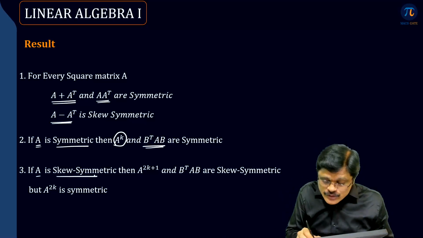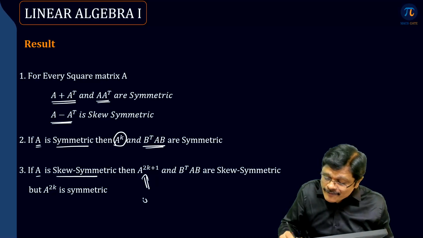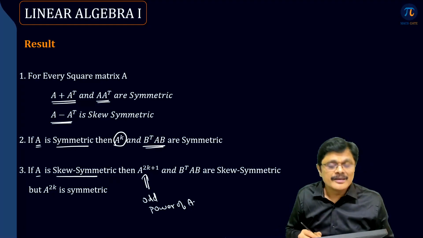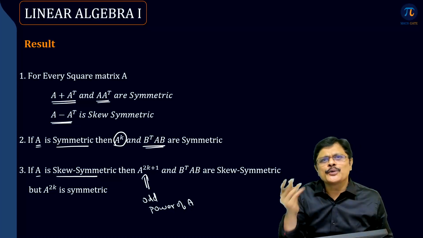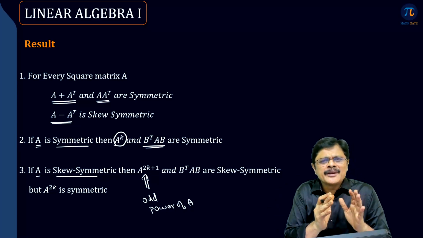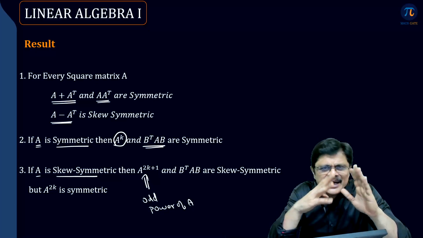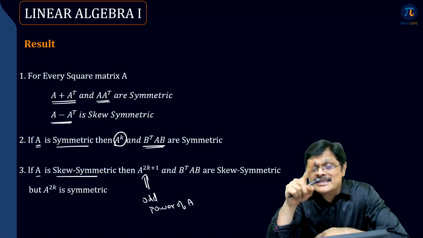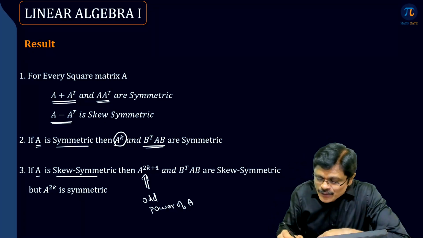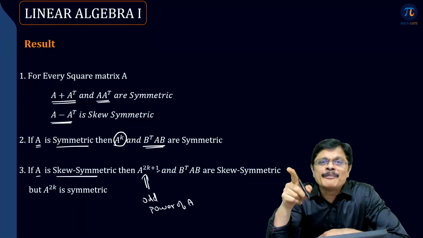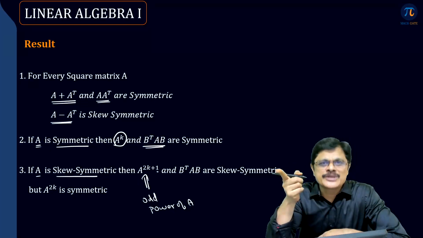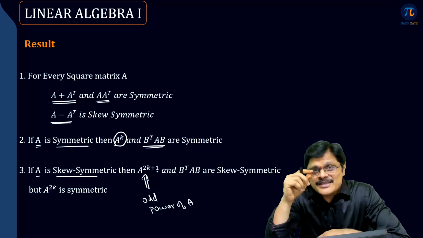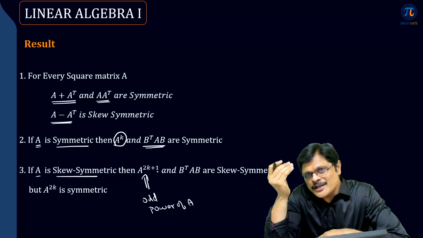And if A is skew symmetric, any odd power of A is skew symmetric, because A power 2k plus 1: A power 2k, even if A becomes minus A, becomes plus only, because even power of minus A is plus. But that extra 1 is there, and this will make it minus A, so it becomes skew symmetric.